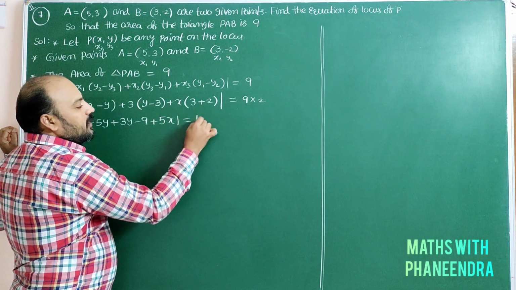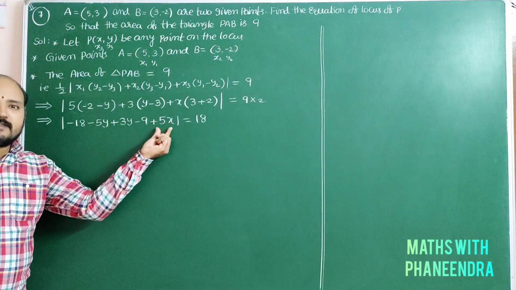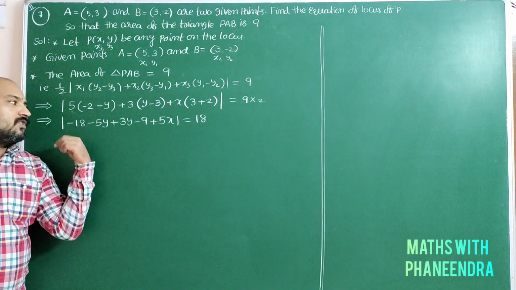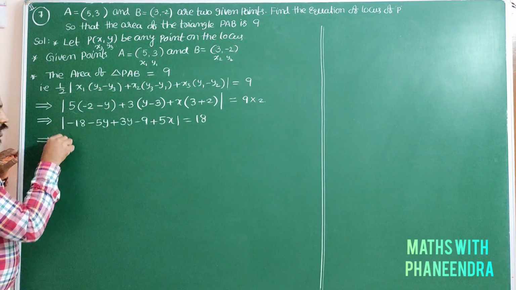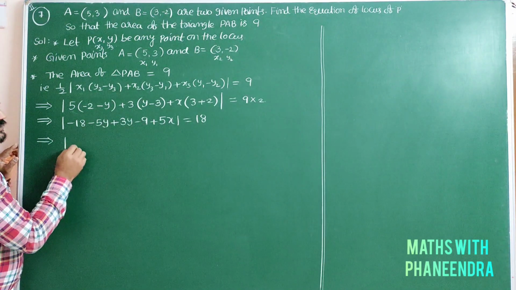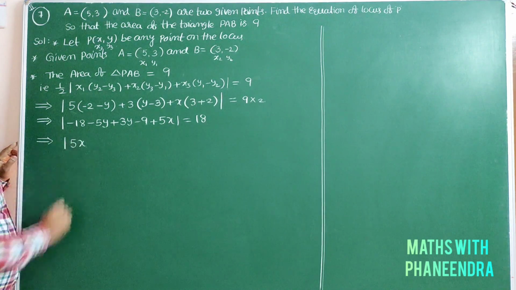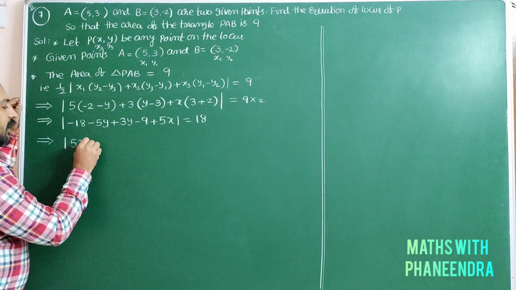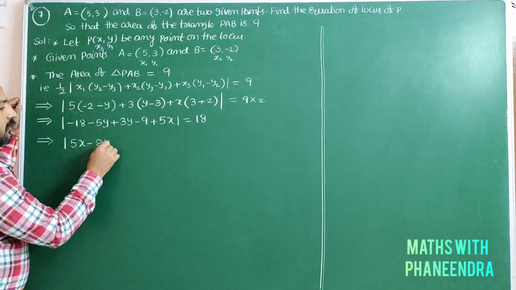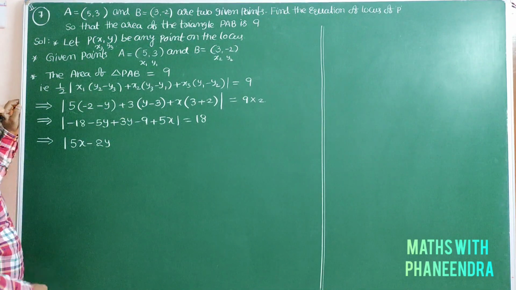Is equal to 18. Even here also, first I am going to write x term, after that y term, after that constant. So here, mod 5x minus 5y plus 3y is minus 2y, minus 9 minus 18.